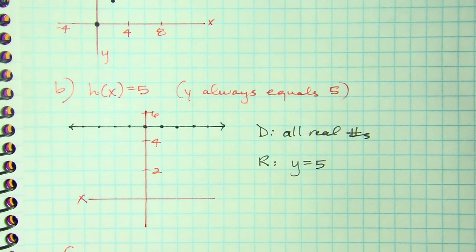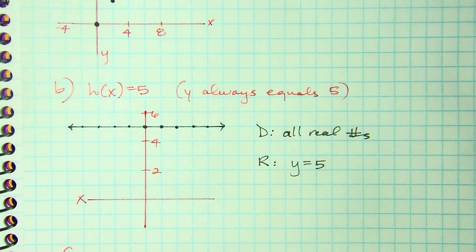Next one, they're showing us a graph, and we're determining whether it's continuous, discontinuous, or discrete. I don't know if you noticed, there is a hole. So this is discontinuous.